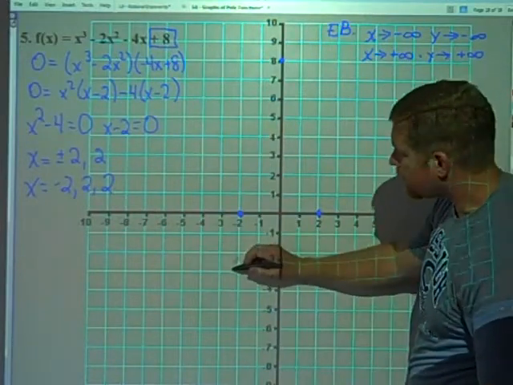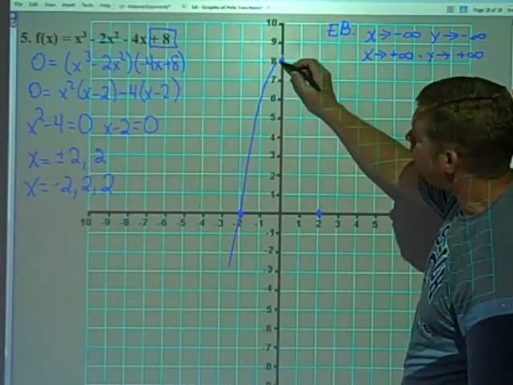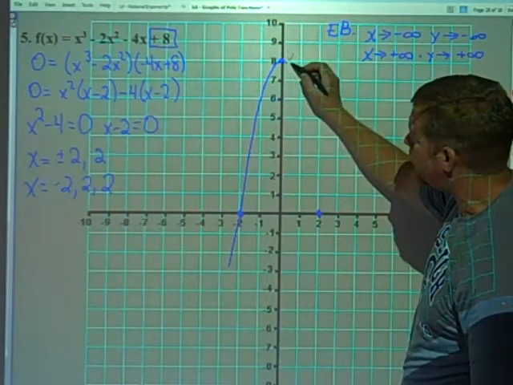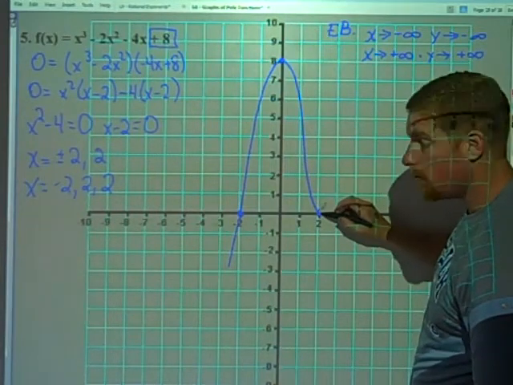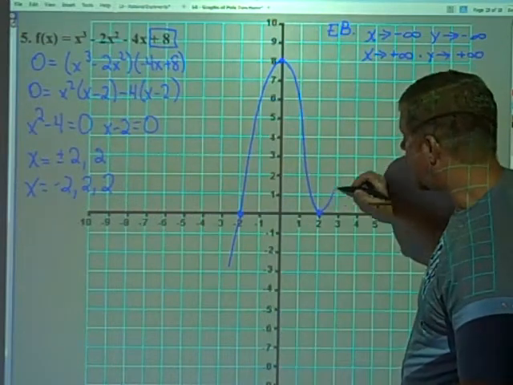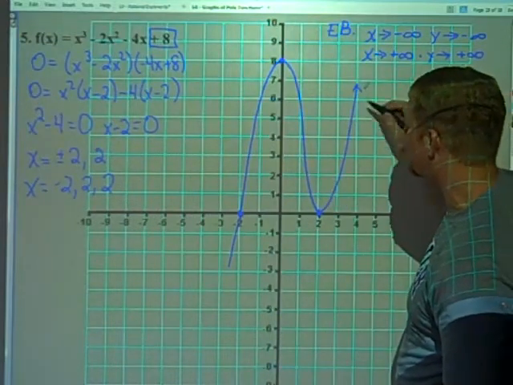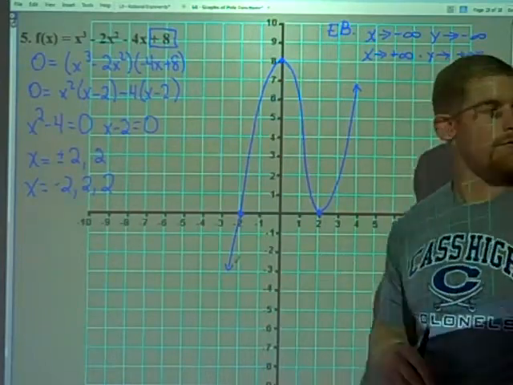So here we go. I'm coming from this direction. I know I'm going to change directions when I hit the y-intercept. And then when I come down here, because this is a multiplicity of 2, I'm going to bounce off of the x-axis and go right back up in the positive direction.